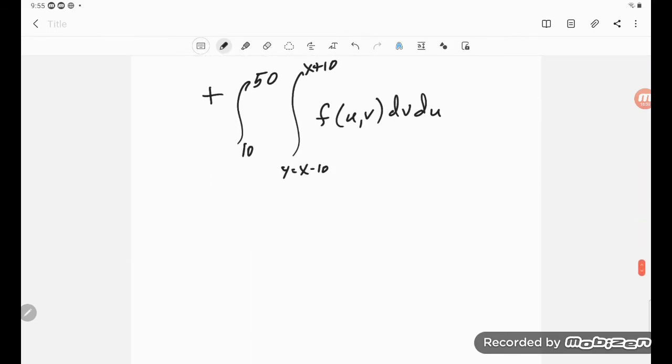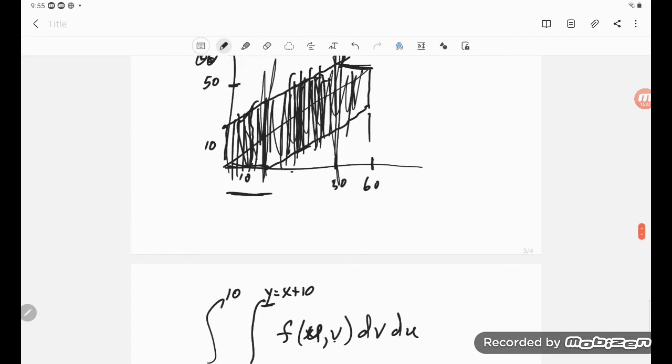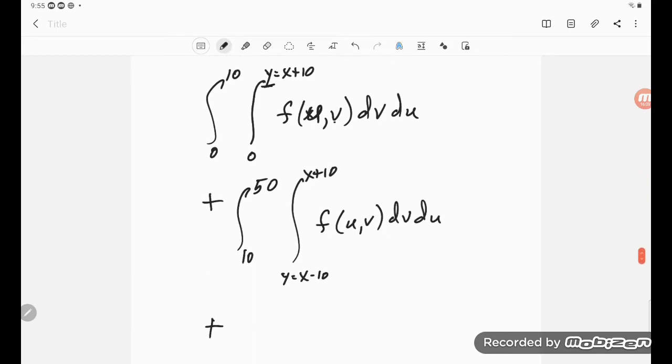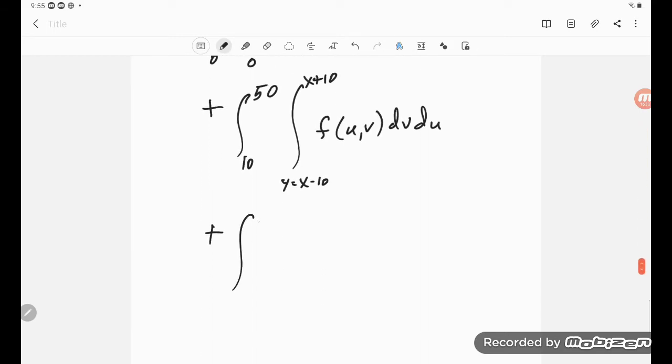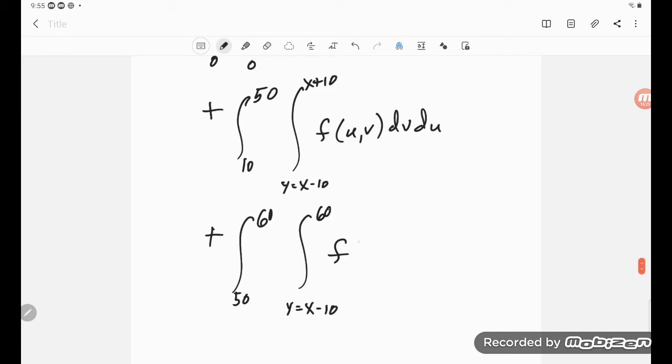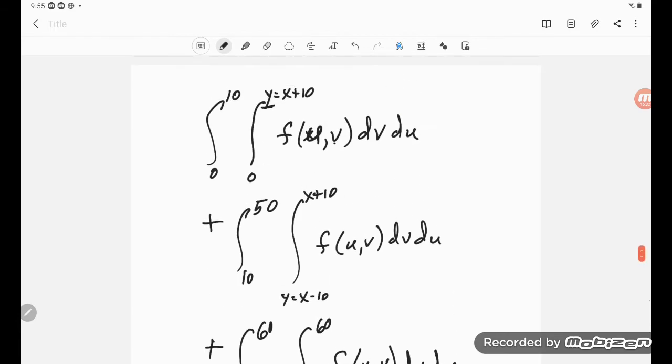And then finally, the last piece: when x goes from 50 to 60, y goes from x minus 10 up to 60, and that's our f of u, v, dv du. So usually that's the hardest part.